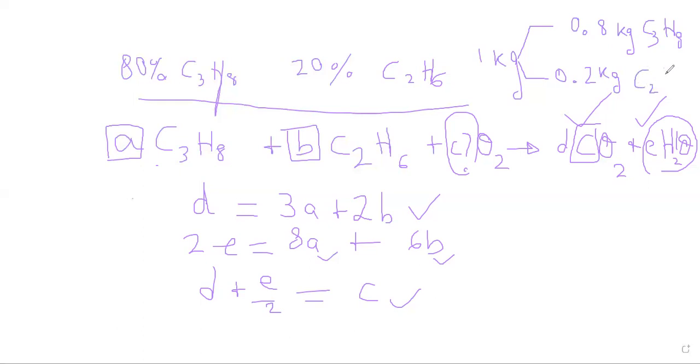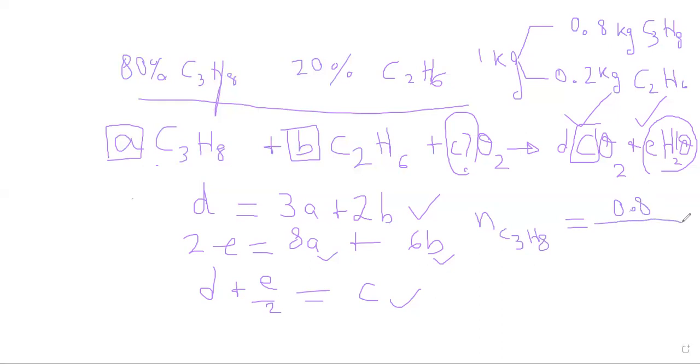We just have to find the molar mass, and we know then that in 1 kilogram of fuel the number of kilomole of C3H8 is just equal to the mass over the molar mass. So it's equal to 0.8 kilogram over the molar mass of C3H8.